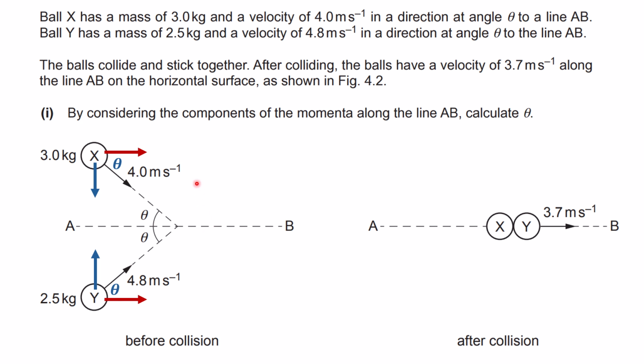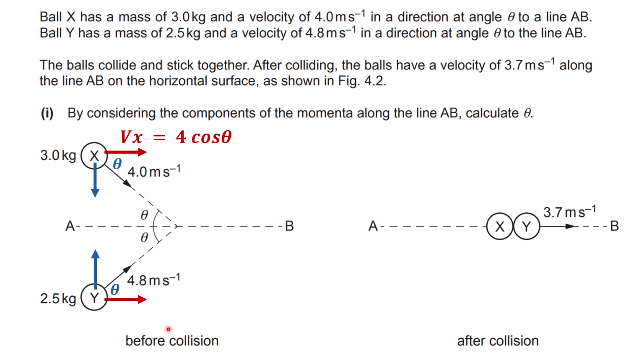Now we can write the expression for the horizontal velocity for ball X, which is 4 times cosine of theta. The components of velocity, force, displacement, or momentum are all in terms of sine and cosine, so let this make it very easy.